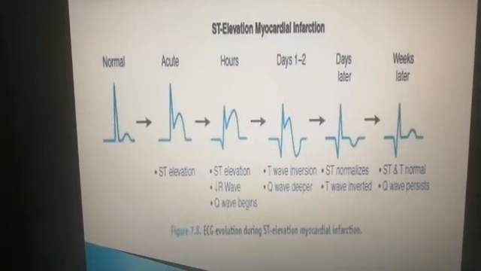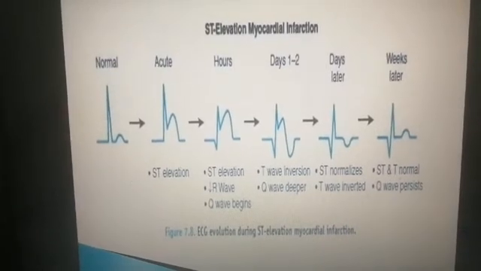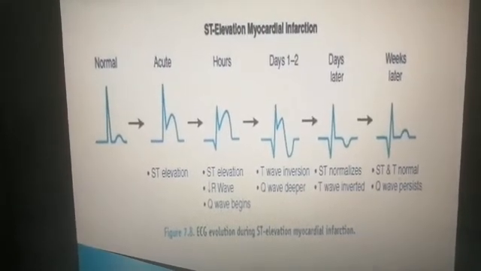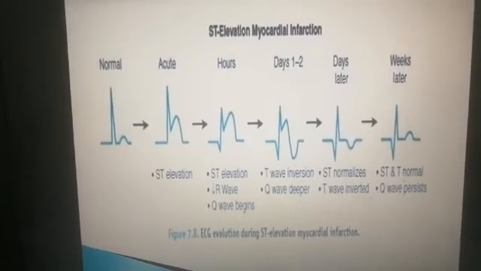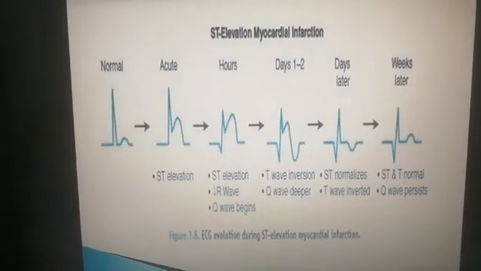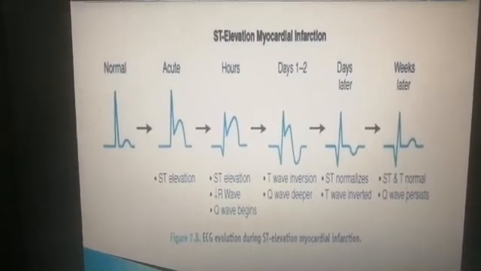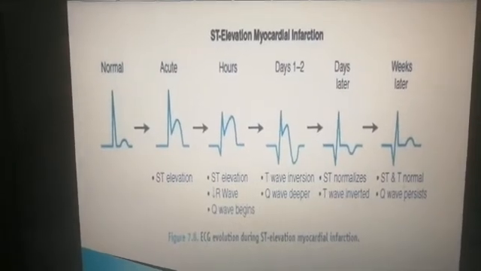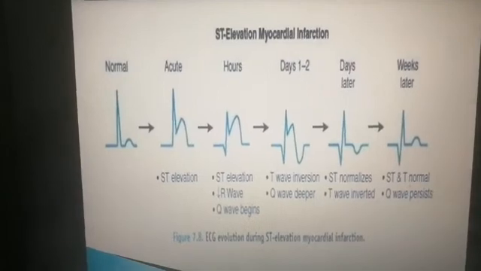You can see here ST elevation, then R wave and Q wave changes, and then Q wave wider, T wave inversion, ST normalized, T wave inverted, and Q wave persists, while ST and T wave are normal. So with the passage of time, the changes occur which are in front of you, which we have discussed in the previous slides as well.